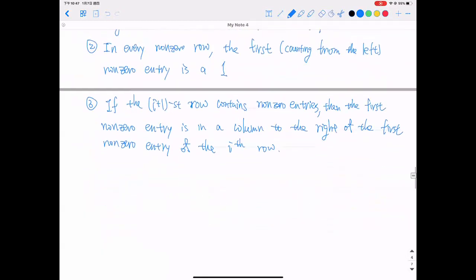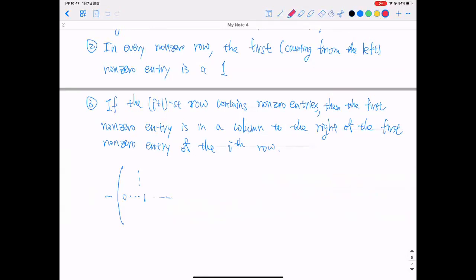Okay, so let's now see this in a picture. So let's say this is the ith row. There's a 1 here. Something happens.